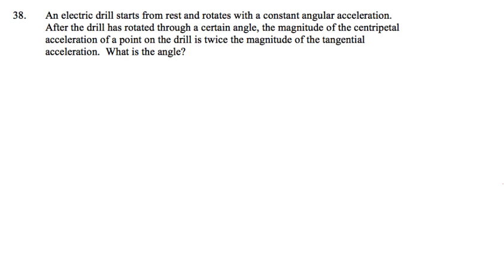My centripetal acceleration is twice the magnitude of the tangential acceleration. So that's the key thing. Centripetal acceleration is twice the tangential. And that's going to get us that one tricky fact.